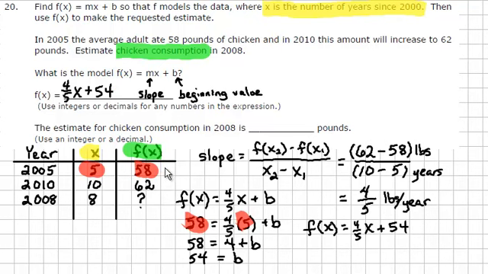Alright, the last thing that we're asked to do is to estimate the chicken consumption in 2008. Well, in 2008, the x value is 8. So what we're going to do is substitute 8 for the x in our function. So f of 8 is equal to 4/5 multiplied by 8 plus 54.